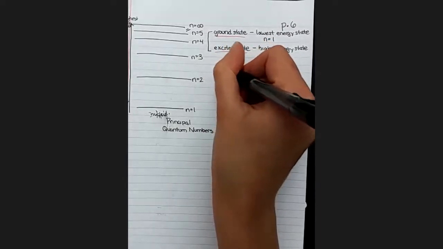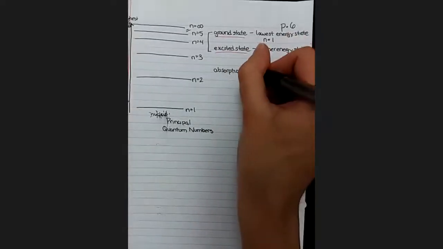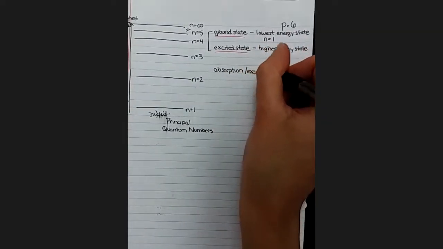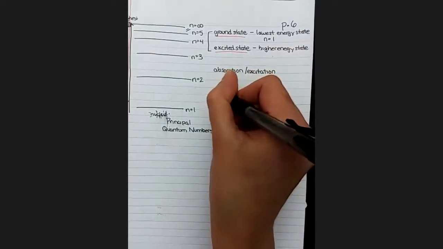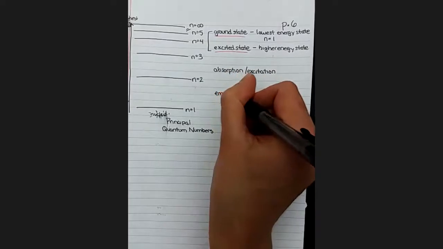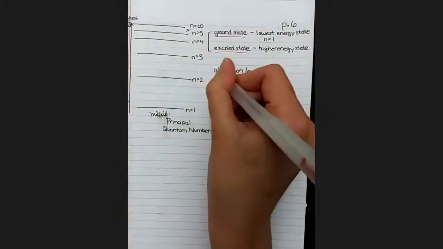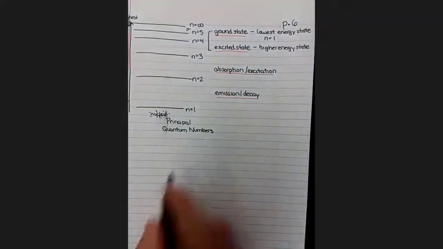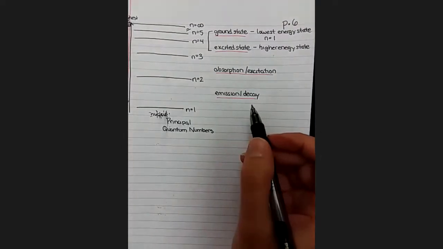And we can also give names to the types of transitions between these states. So a transition can either be an absorption, which is also called an excitation, or it can be an emission, also called a decay. So let's start with emission, because we already talked about that one a little bit in the data on the previous page.